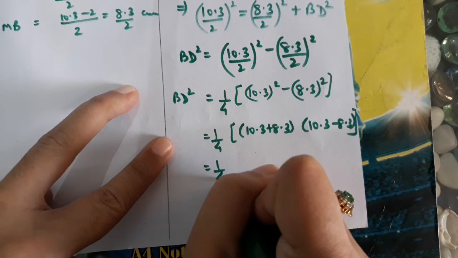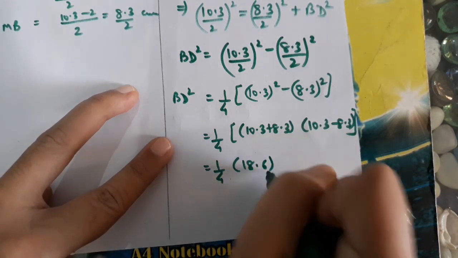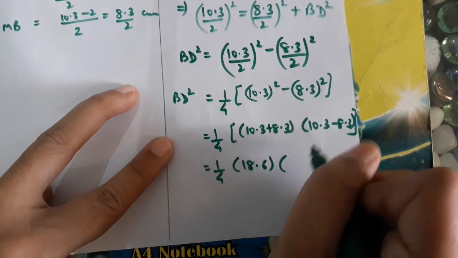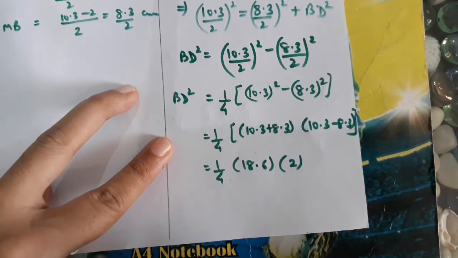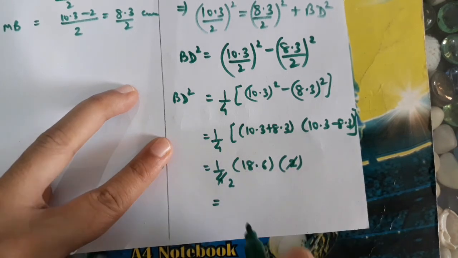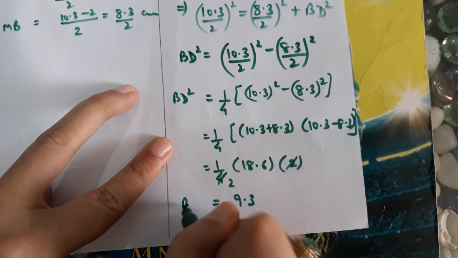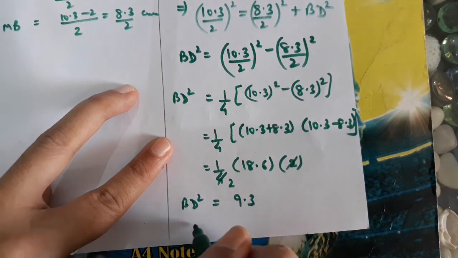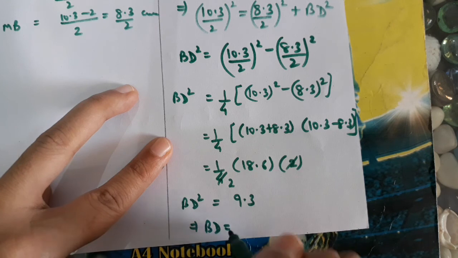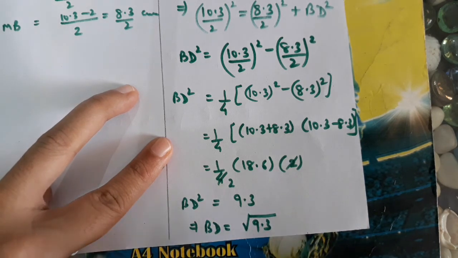This comes out to be 18.6 and 10.3 minus 8.3 is 2. So 2 ones are 2, 2 twos are 4, and 18.6 divided by 2 is 9.3. This is the value of BD square. So the value of BD comes out to be under root 9.3, and this is what we had to verify.